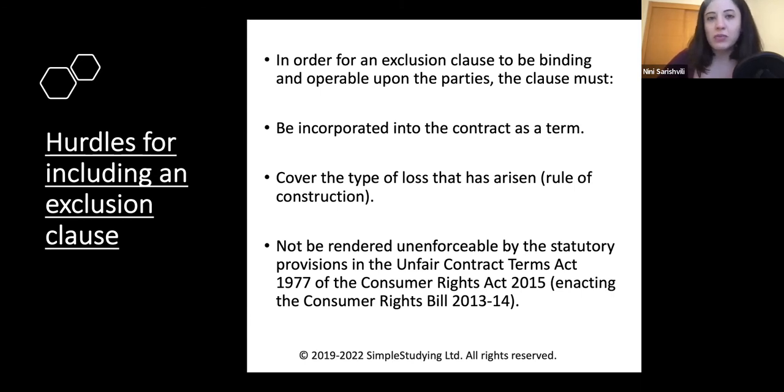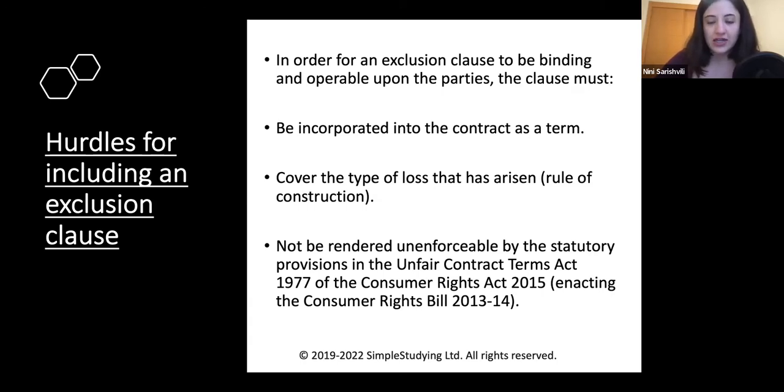The main problems that you will have when applying the law on exclusion clauses are the following. Is the exclusion clause incorporated in the contract as a term? This is the first legal issue that you will have to address in the problem question about this topic. Does it cover the type of loss that has arisen?